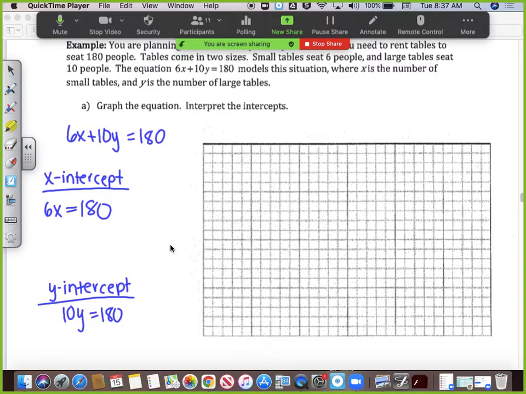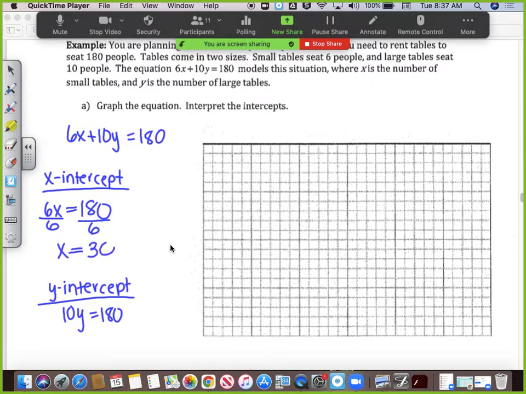And then you would solve both of these little equations, which will just require you to divide. So the first one, we're going to be doing 180 divided by 6. And that's going to tell me where this graph will cross the x-axis. And where will that be? 180 divided by 6. 30.